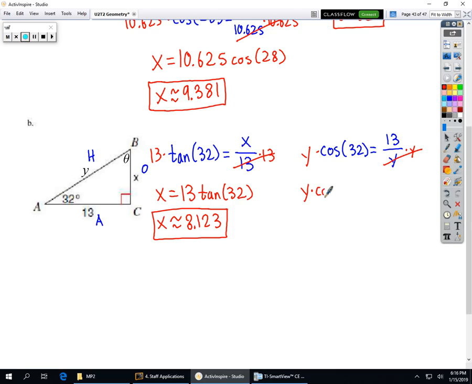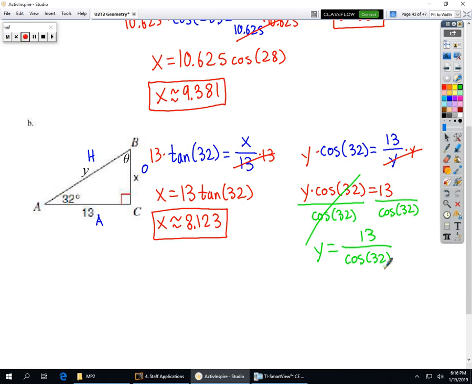Y times cosine 32 equals 13. Divide cosine on both sides. Cancel this out. Y equals 13 over cosine of 32. I did this on the calculator already. Y is going to be 15.329.